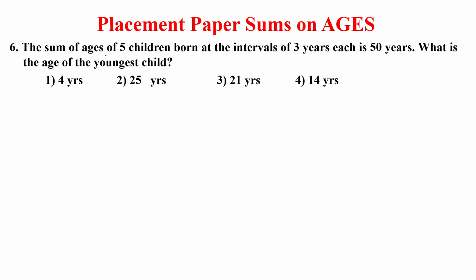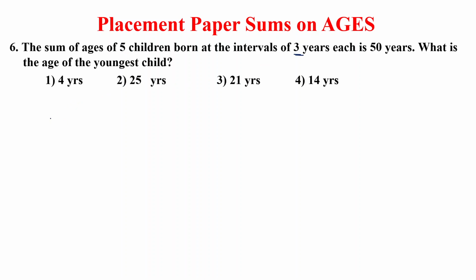The sum of ages of 5 children born at intervals of 3 years each is 50 years. What is the age of the youngest child? If you look at the question, there are 5 children at intervals of 3 years, right?